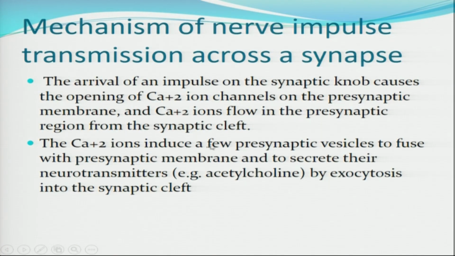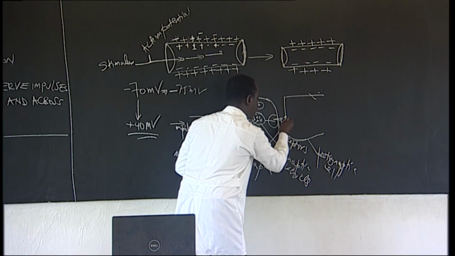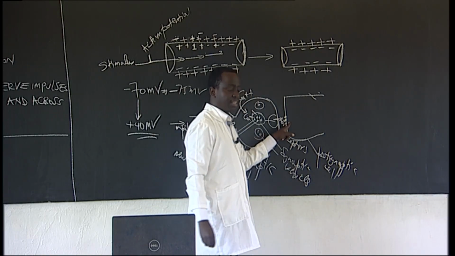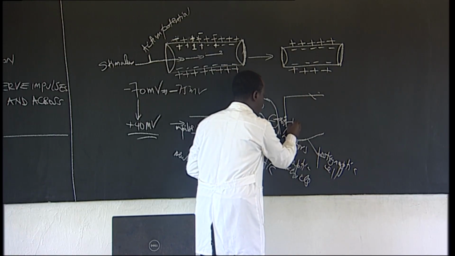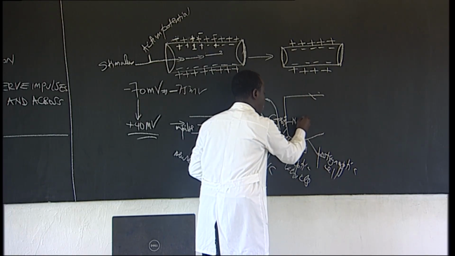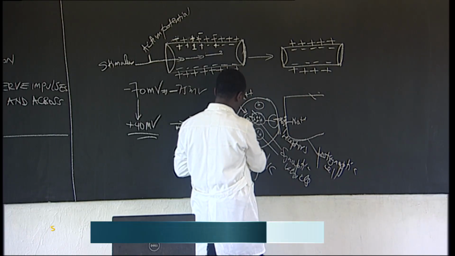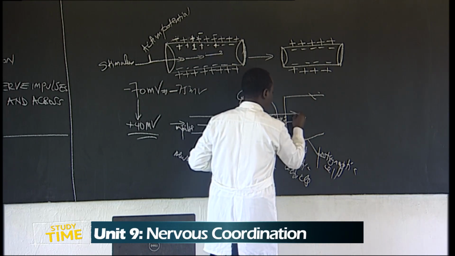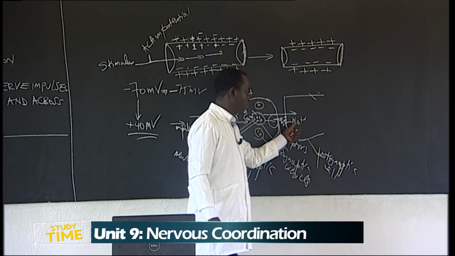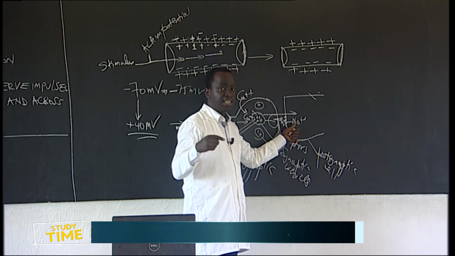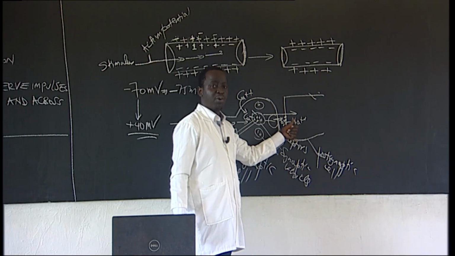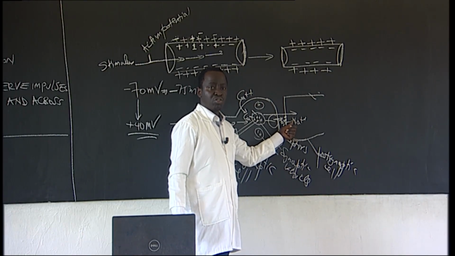Calcium ions induce a few presynaptic vesicles to fuse with the presynaptic membrane, releasing those neurotransmitters. When neurotransmitters are released, they cause the opening of sodium channels, and then our message is going to pass. When sodium gets in, that is what you call depolarization. Then our action potential is going to be generated.